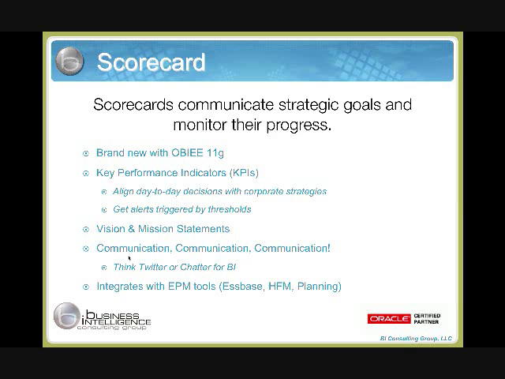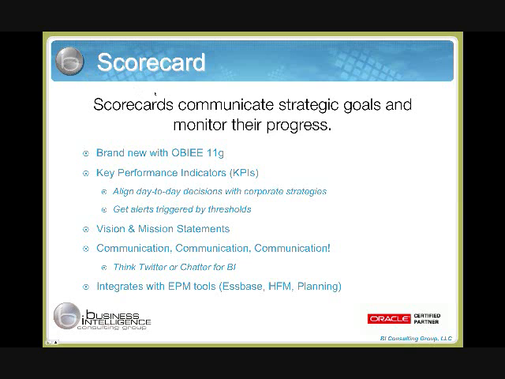And I did mention vision and mission statements. So we're able to kind of define at a higher level what the overarching goal or strategy is. And we can do this qualitatively and quantitatively within scorecarding functionality. And in addition to rolling that all into scorecarding, it's ultimately all about communication, and more communication.